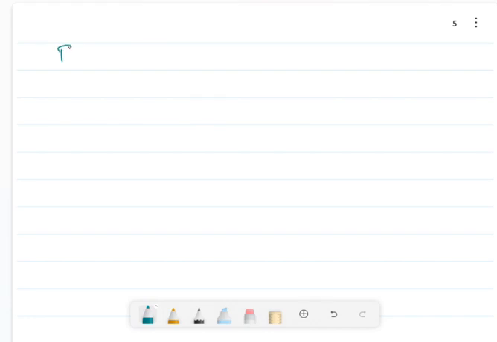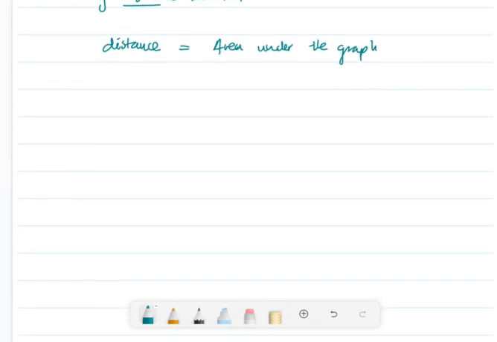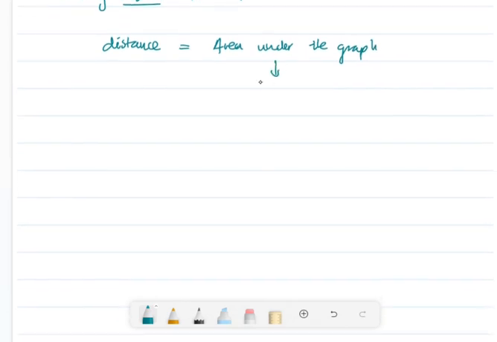Besides the description, of course, you come across questions that will ask you to find the total distance traveled on a speed time graph. So the distance traveled on a speed time graph is calculated by distance equals area under the graph.